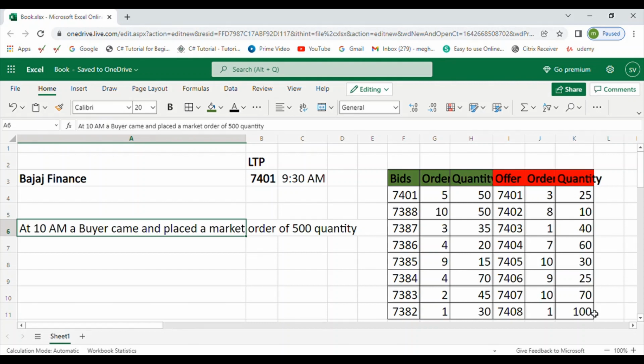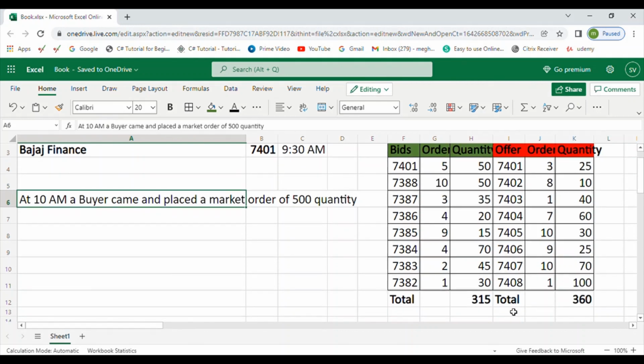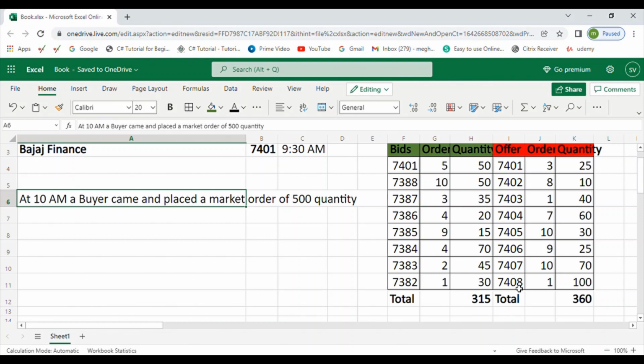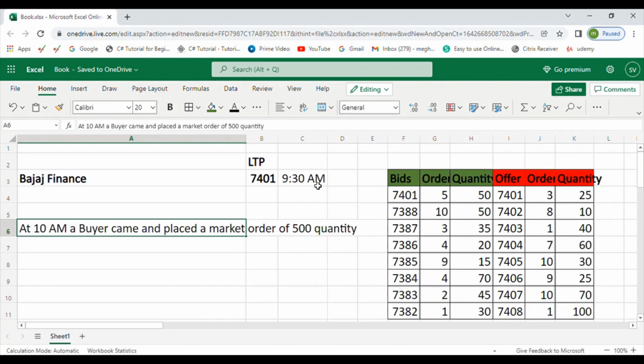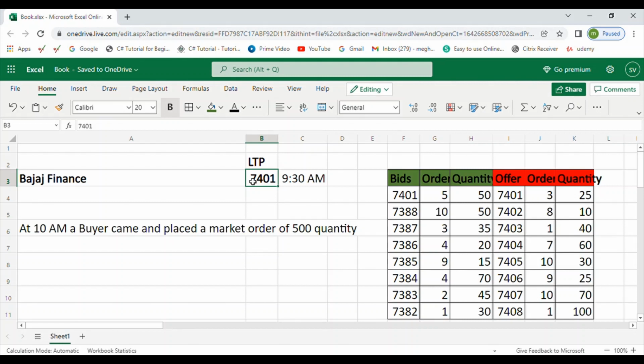Now once this is done, the last traded price would be somewhere maybe 7,415 or 7,420. So because of this one single order, the last traded price directly jumps to 7,420.